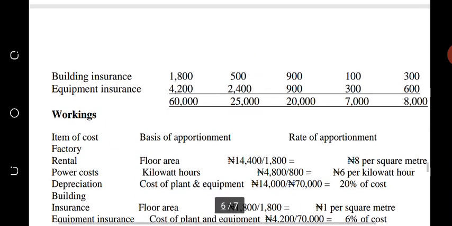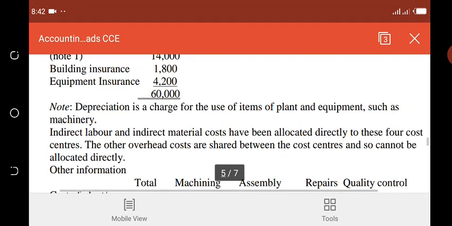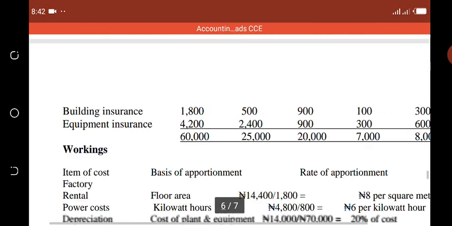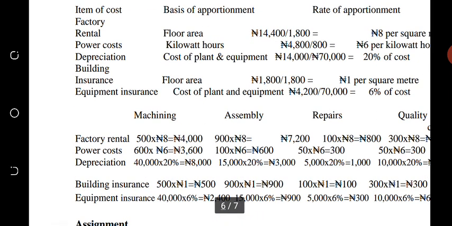The equipment insurance cost is 4,200, and the total cost of equipment is 70,000. So it's 6%. We apply a similar method to what we used for depreciation on this equipment insurance.